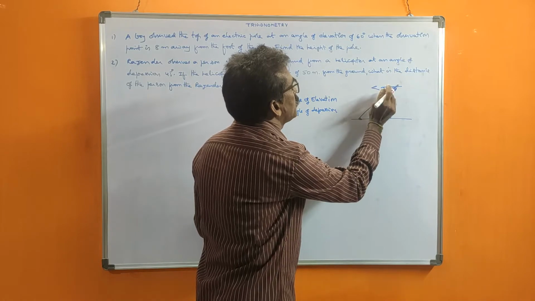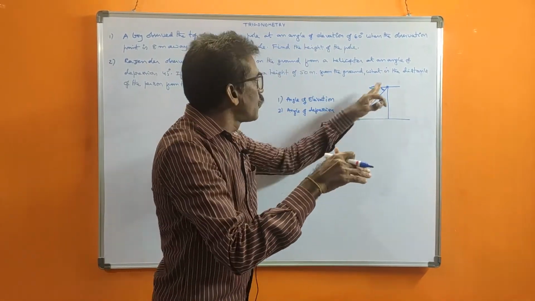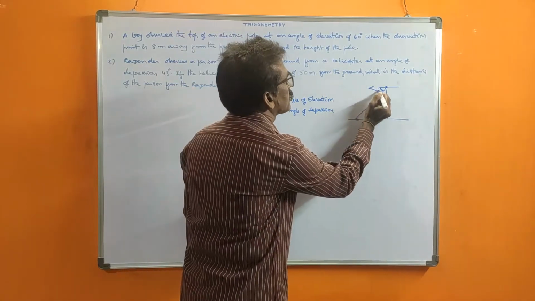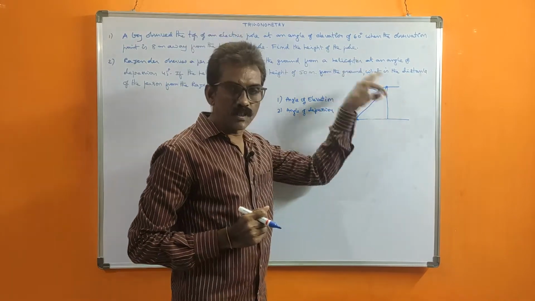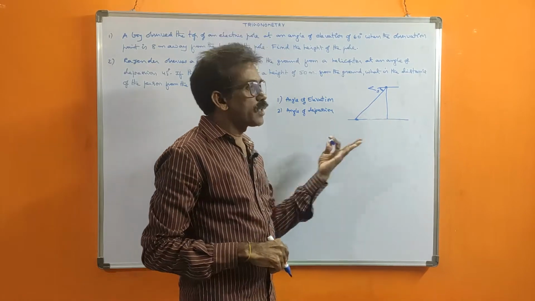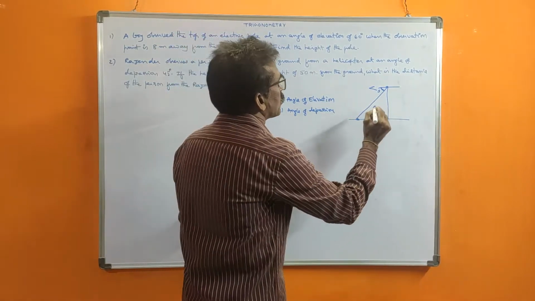Because the eye is like this, to see objects below, the angle moves down, in the reverse direction. So this angle is called the angle of depression. When we observe from the top, that is the angle of depression. When we observe the top points from the ground, that is the angle of elevation.